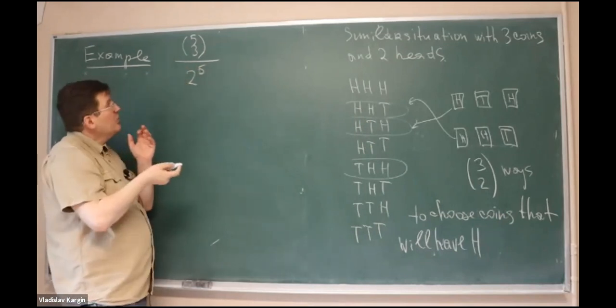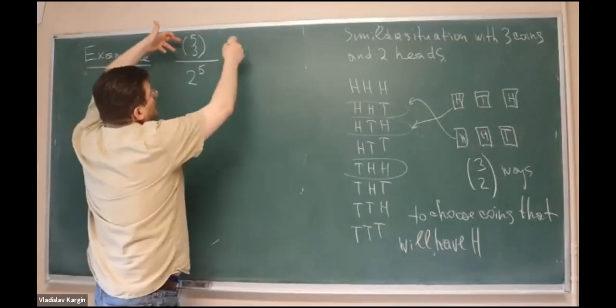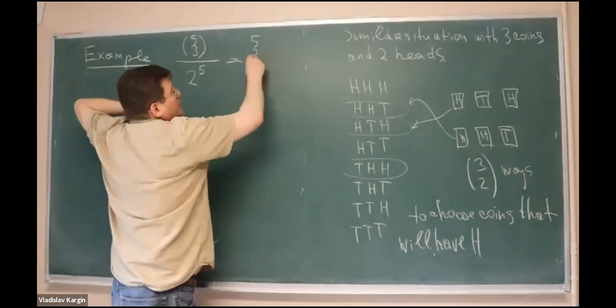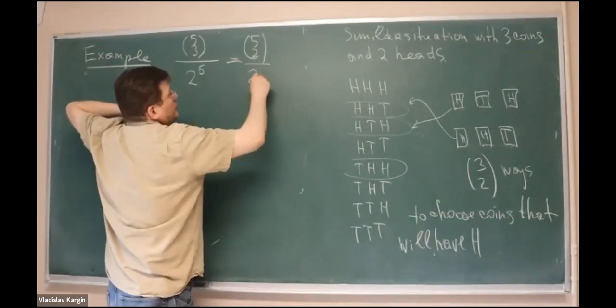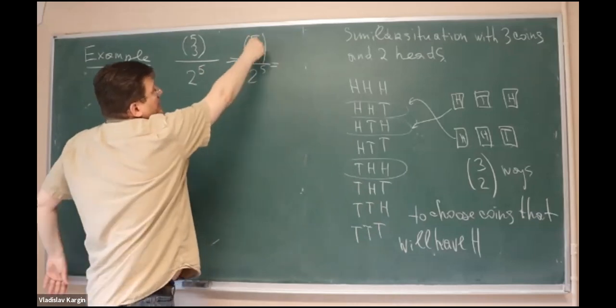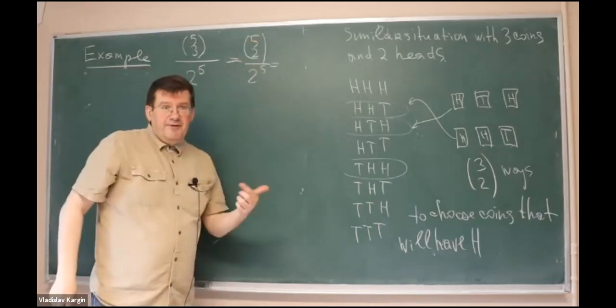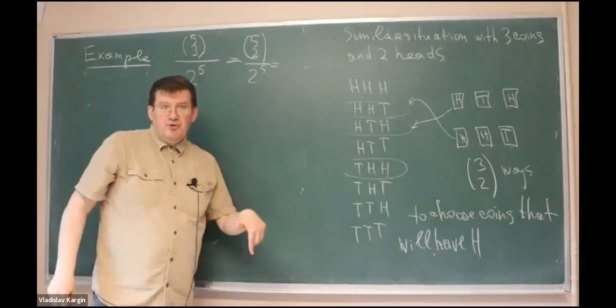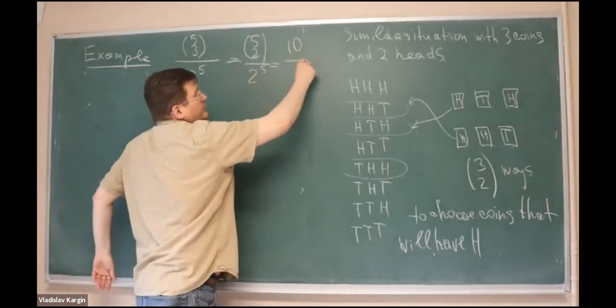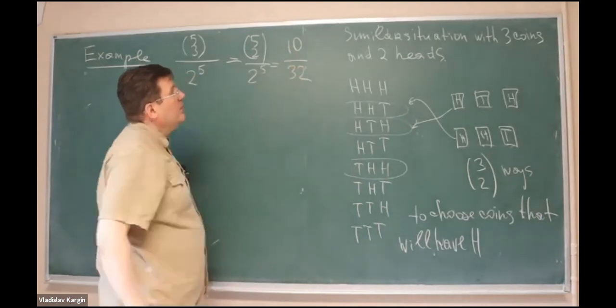In this particular case, it's easy to calculate. 5 out of 3 is the same thing as 5 out of 2, divided by 2 to the power of 5. So this is 5 times 4 divided by 2, equal to 10. We have already seen it before. So 10 divided by 32.